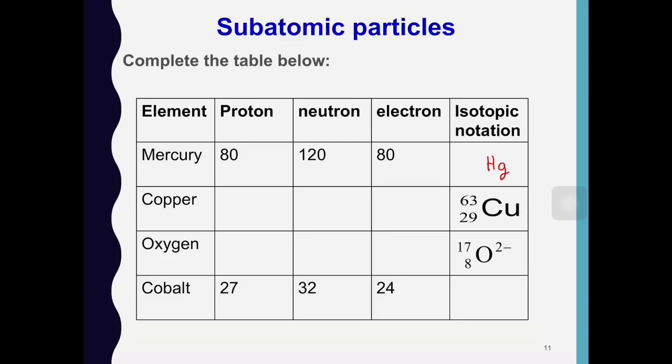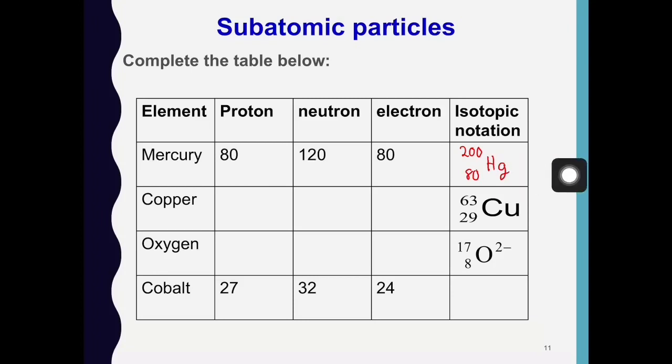The proton number on the bottom left hand side, and on top left hand side, write the nucleon number. So 120 plus 80 is 200. Since the number of proton is equal to the number of electron, the charge is 0, so we don't have to write the charge.